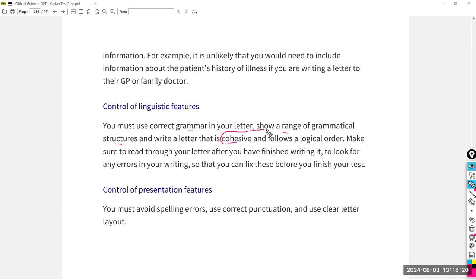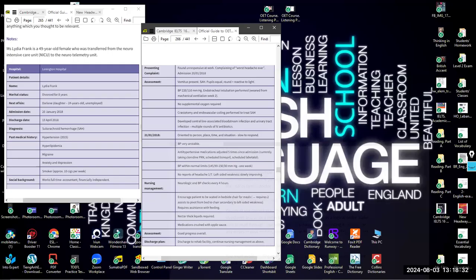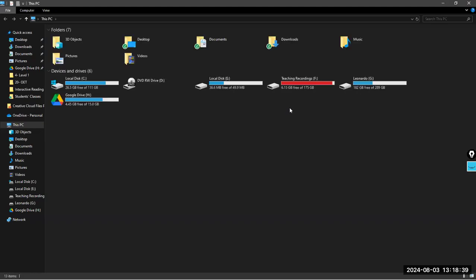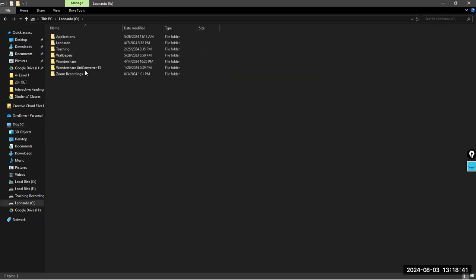This is extremely important. What do they mean by cohesive and follows a logical order? Now, if you want to write a letter, you have to keep 4 steps in your mind. Let me show you the steps that you need for your letter to be really correct.